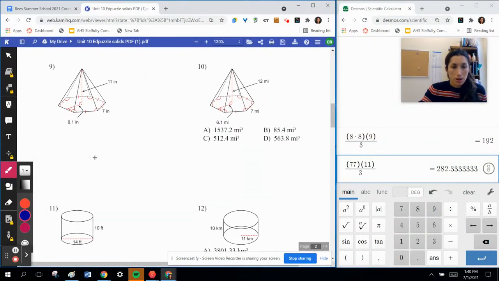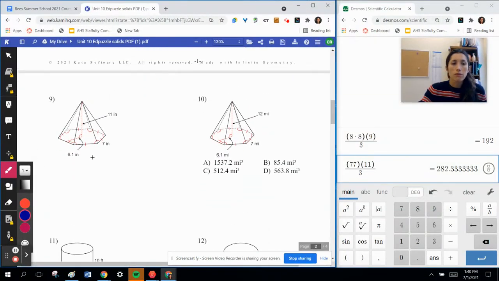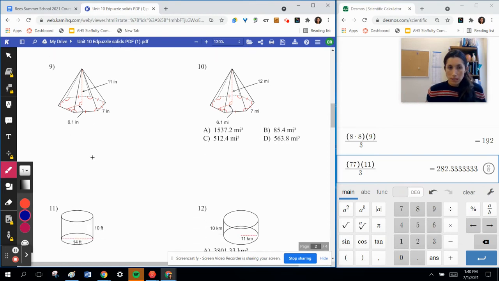Okay, our last pyramid here that we're solving for the volume of. So formula is still the same, base area times height divided by 3. Okay, this is the height, that's the 11, it's the height of the entire shape, but what we need to figure out is the area of this hexagon bottom. This is a regular hexagon.